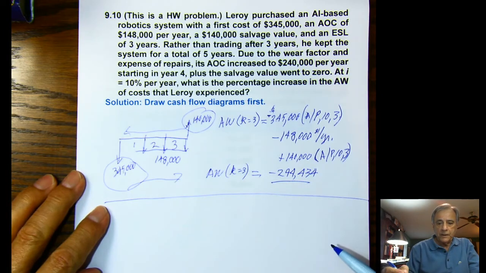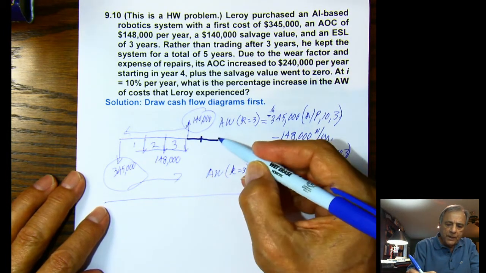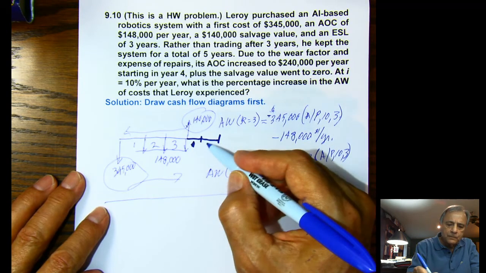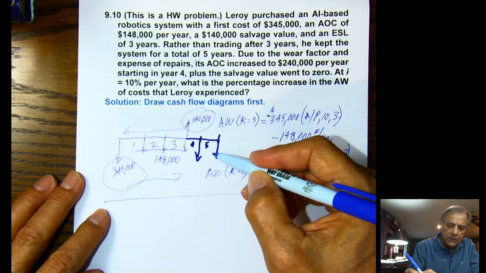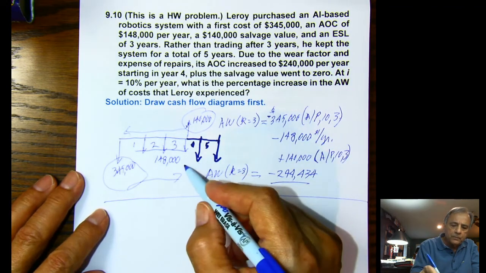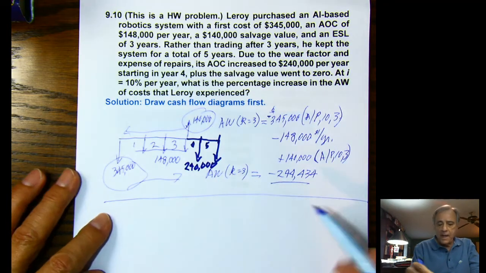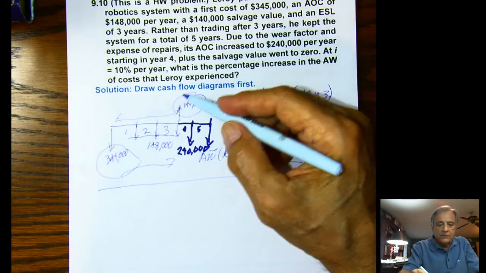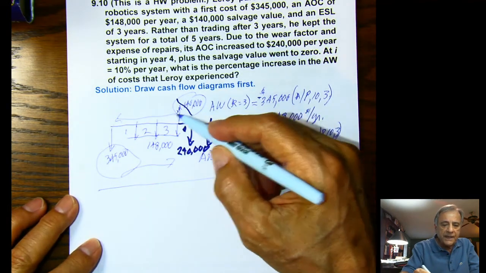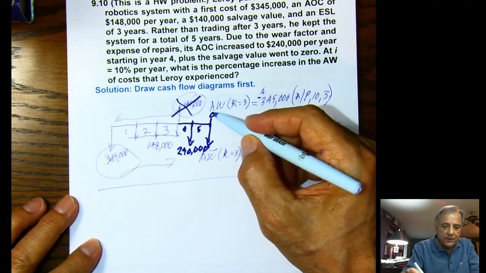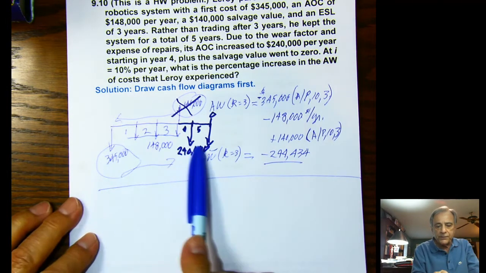Well, you add years 4 and 5, and you have 240 here and 240 here. And your salvage value, he says, goes to 0. So we take that out and put a 0 here, okay? And so this is the cash flow for 5 years.